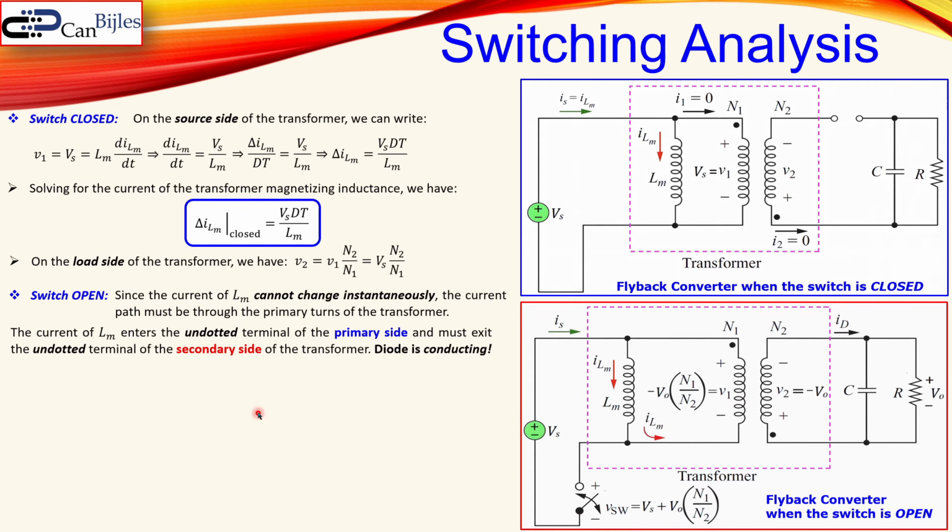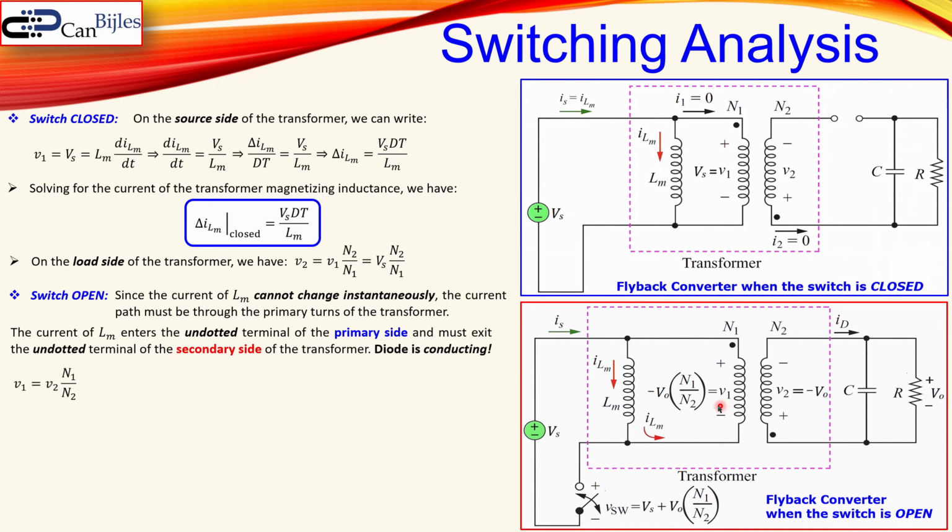So the current of this Lm enters the undotted part of the primary side, and must exit the undotted part also from the secondary side. That's how the transformer works. So the diode is now conducting because the current is leaving at this node and going like so, and there is no longer a reverse biased diode.